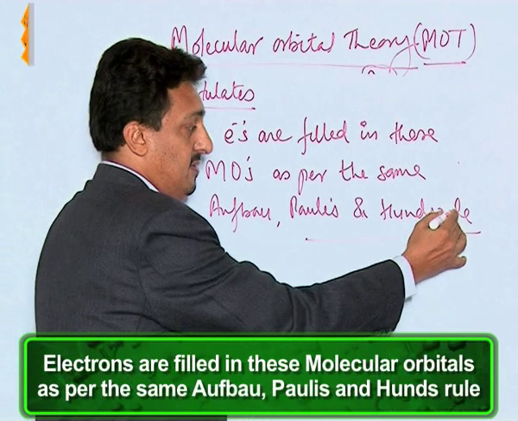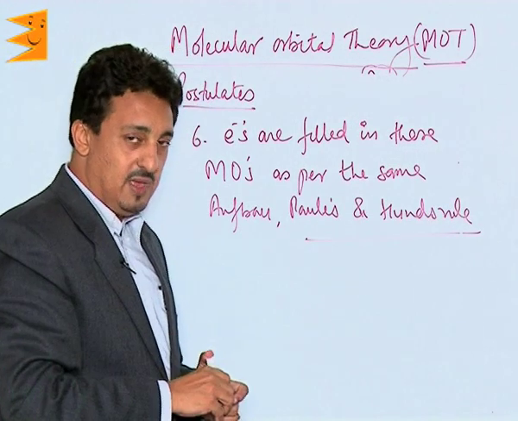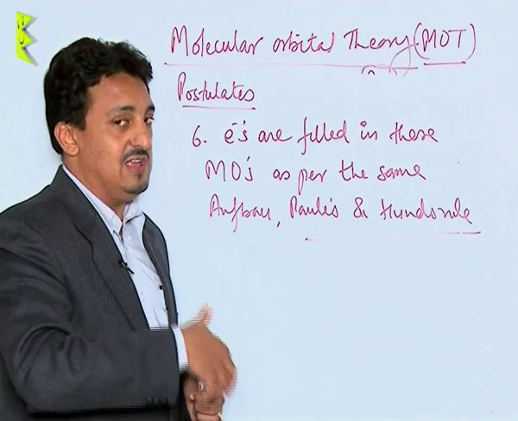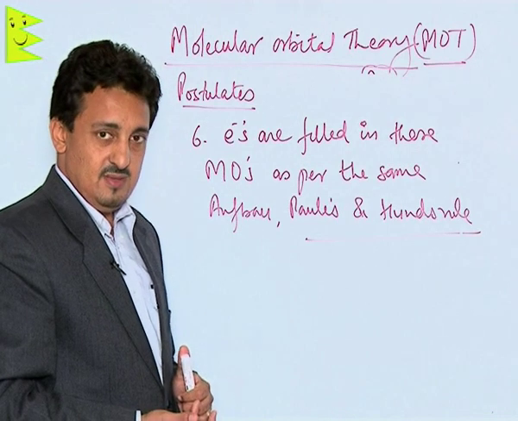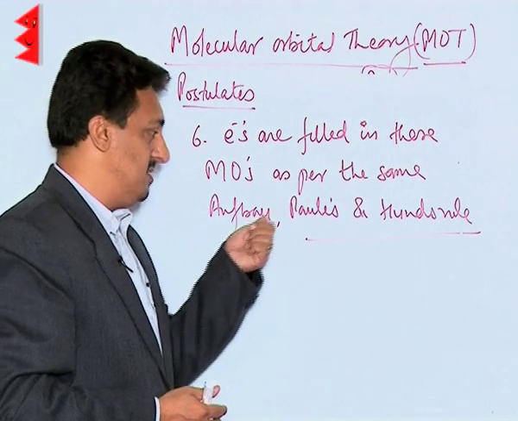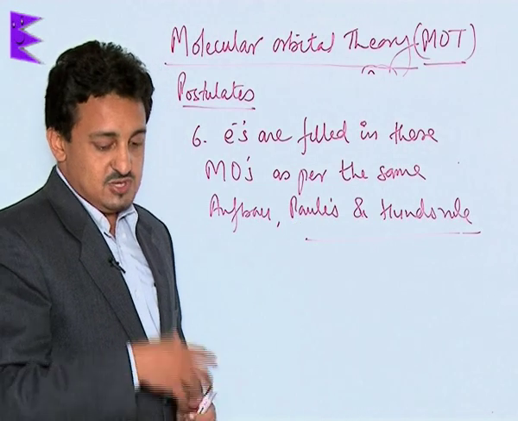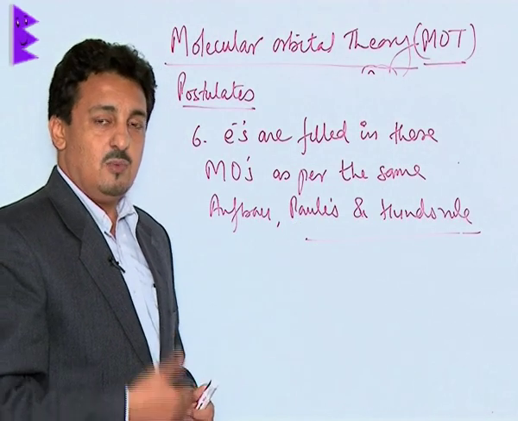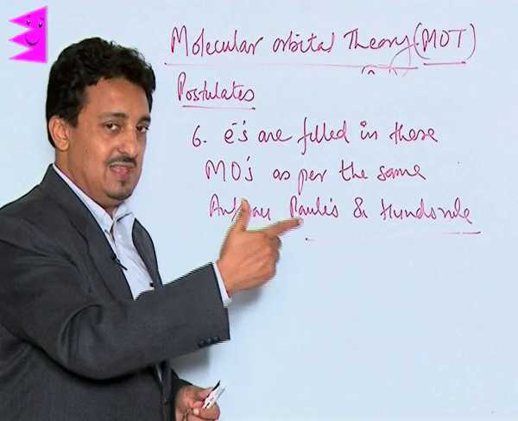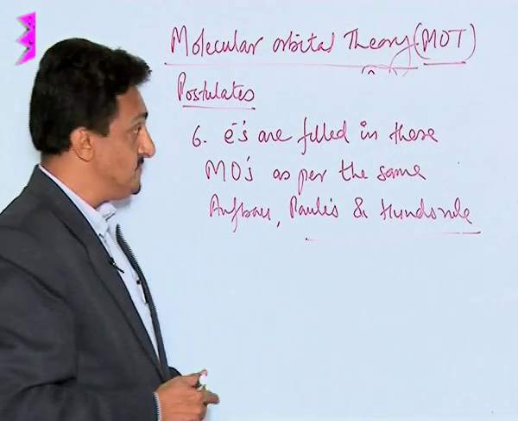We will follow the same rules which we have been following while filling the electrons in the atomic orbitals: the same Aufbau principle, the same Pauli's exclusion principle, and the same Hund's rule of maximum multiplicity. So the same systems are followed while assigning the electrons to these molecular orbitals.